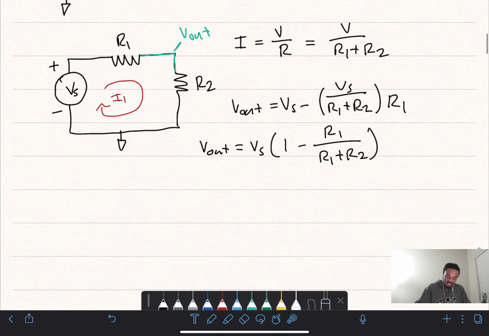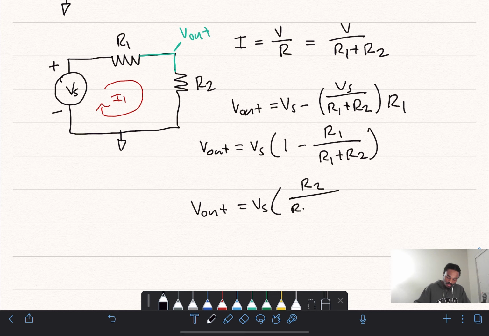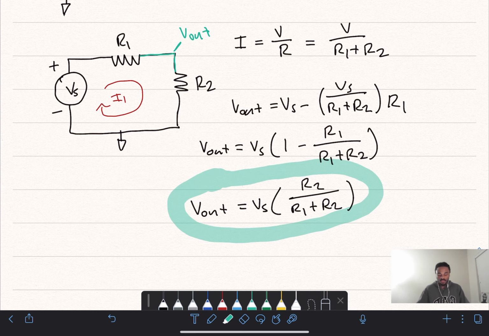Do some simplification here: multiply these bottoms and then cross multiply. You'll be left with V out equals Vs times R2 over R1 plus R2.